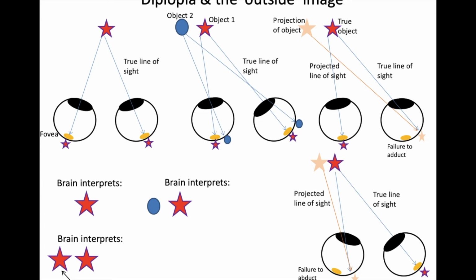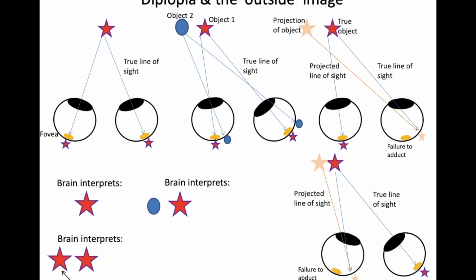So it's all to do with projected line of sight, whether it's an abduction failure or an adduction failure, or a depression or elevation failure, or an intorsion or extorsion failure. The result is always the same.